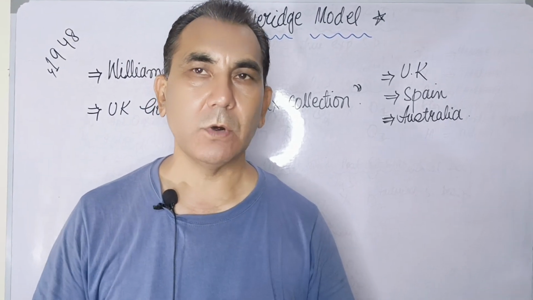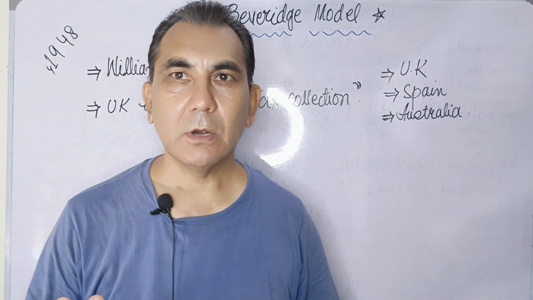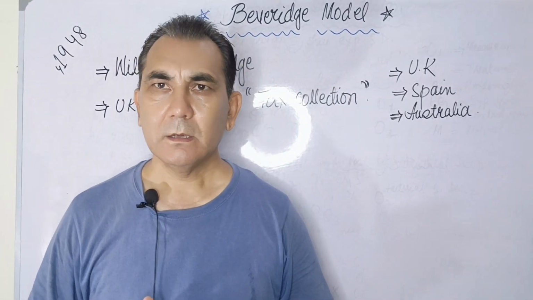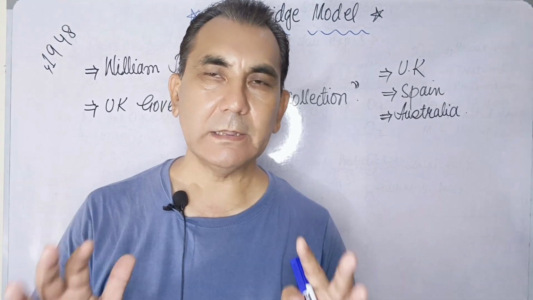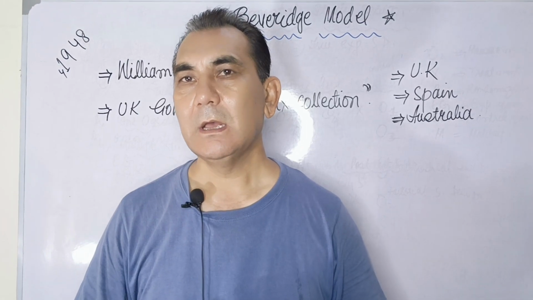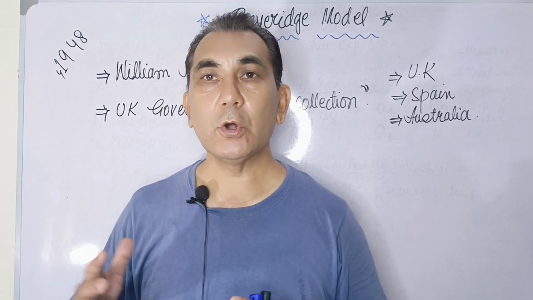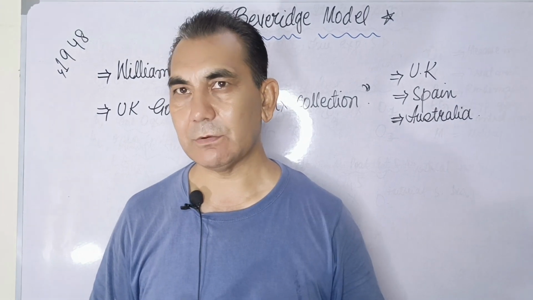The Beveridge model is one of the best models running in the European countries. But some healthcare system specialists criticize that the government is not solely responsible for healthcare services.